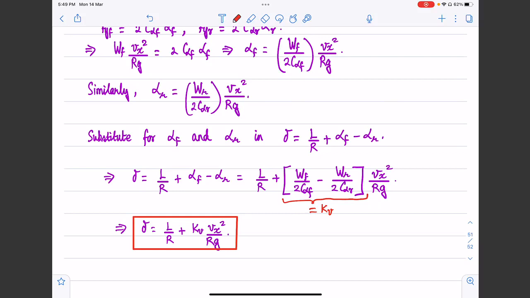Although it is widely used, we need to be clear about the assumptions made to derive it. We will utilize this expression to analyze the response of vehicles under various conditions of understeer, neutral steer, and oversteer in the next class.